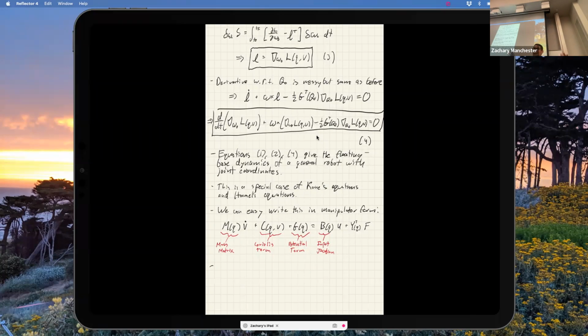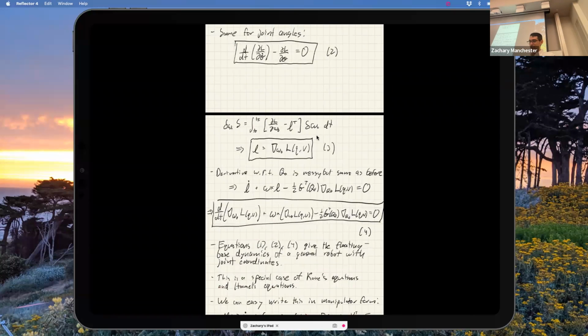This thing we just did today, down to these last equations, and then massaging them into this manipulator form, is the standard stuff in basically all the robot simulators. So Bullet, MuJoCo for sure.